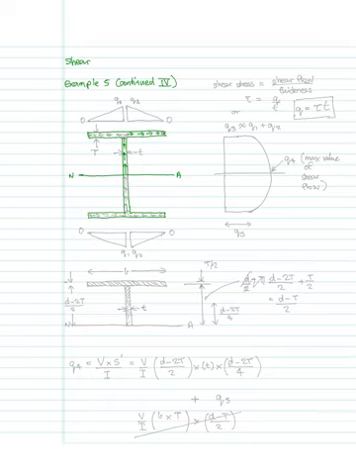So we will show the shear stresses not as stresses, but as a shear flow. And remembering that the relationship between shear stress and shear flow is that shear stress is equal to shear flow divided by thickness.